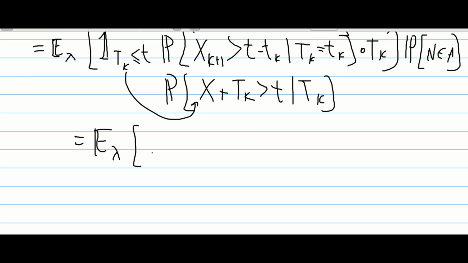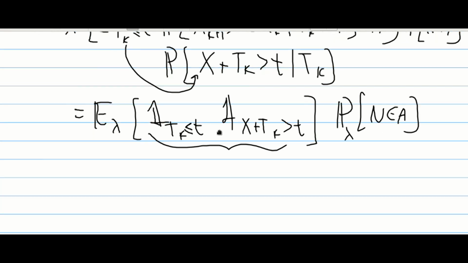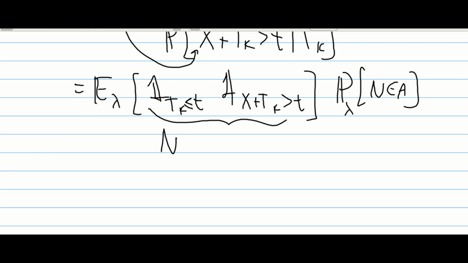This is the probability that Tk is smaller or equal than t, X plus Tk bigger than t, and sorry, I forgot the N in A, and this is the way we rewrote Nt equals k. So we get exactly what we wanted.